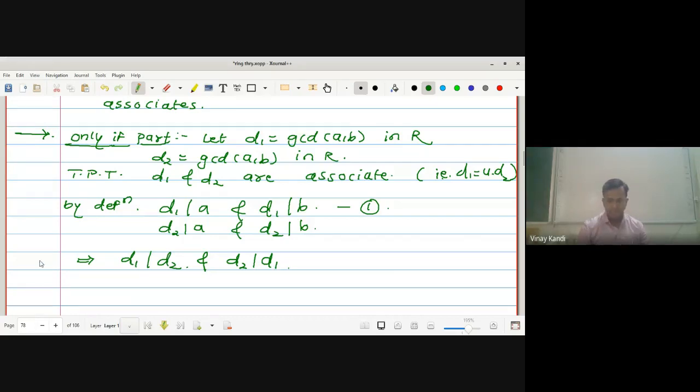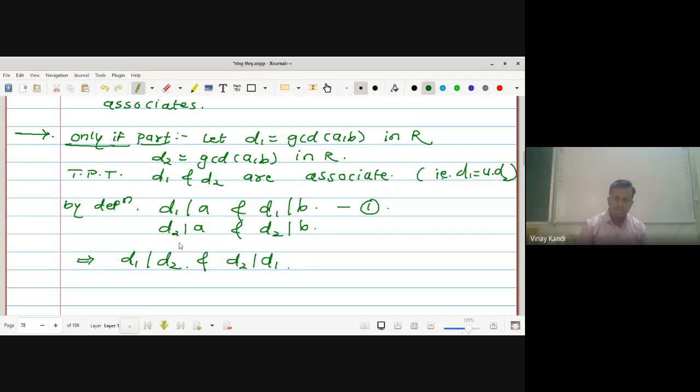Do you understand how this came? What is the definition of GCD? Suppose D1 divides A, D1 divides B, and suppose there exists an element C which divides both A and B, then D1 must divide C. Now what value of C do we take here? We take D2. So by the definition of GCD, D1 must divide D2.